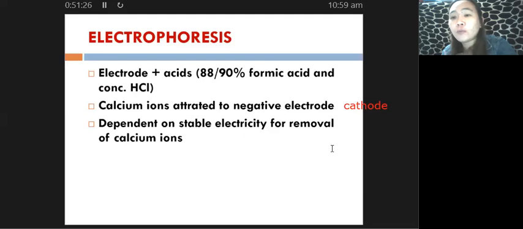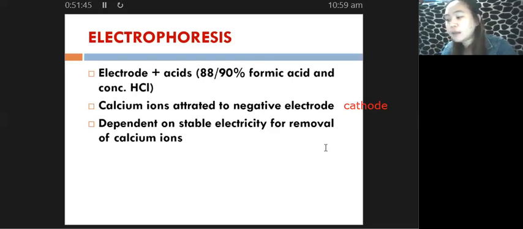That's why when you perform electrophoresis, you have to be very careful to maintain the temperature of the decalcification process at 30 to 45 degrees Celsius only.